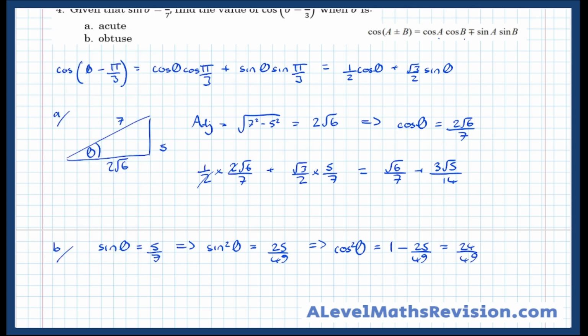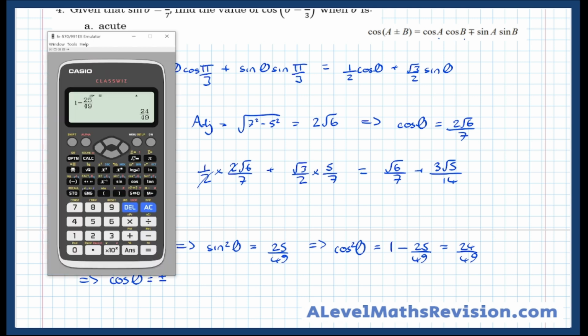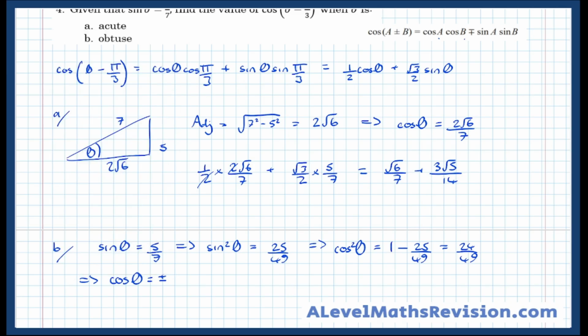Should have been able to do that in my head. Which means that cos theta is plus or minus, let's root that, 2 root 6 over 7. Plus or minus 2 root 6 over 7. But it can't be both of those. It has to be only one, and the key comes from theta being obtuse.